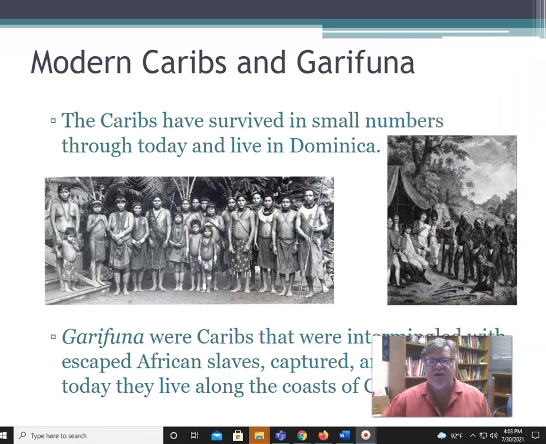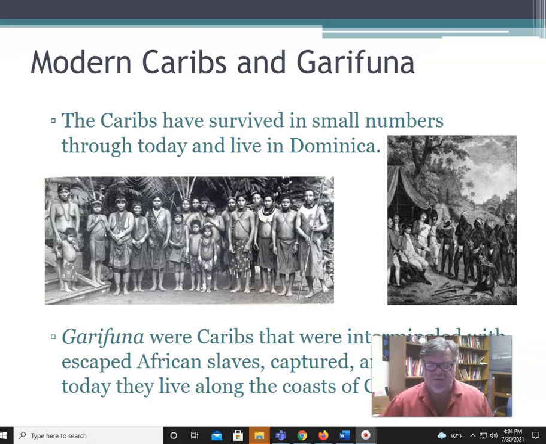Interestingly, the Tainos survive in Puerto Rico and the Dominican Republic genetically. So Puerto Ricans and Dominicans have some genetic percentage of Taino genomes, but the Caribs have actually physically endured, and there are small colonies of Caribs that still live primarily on the island of Dominica, and I've also heard in St. Vincent.